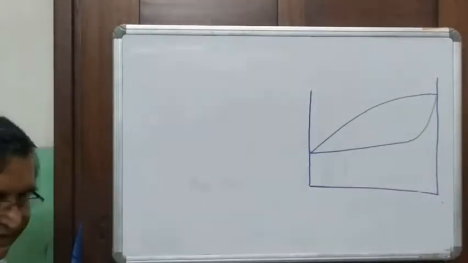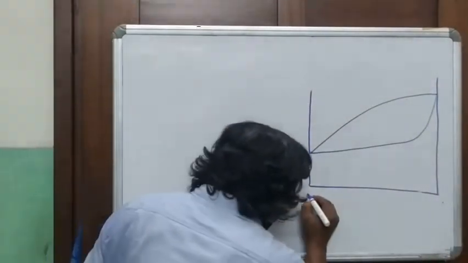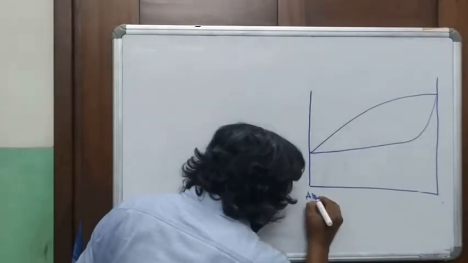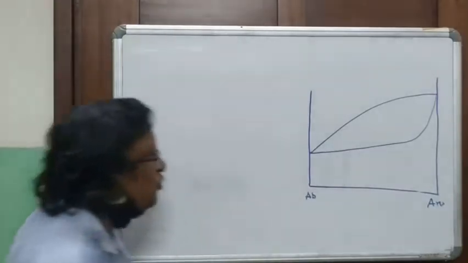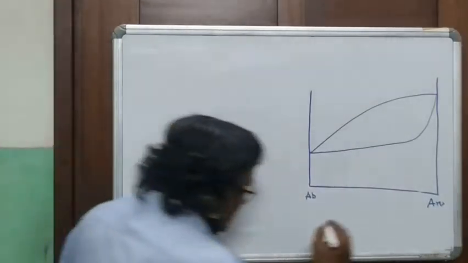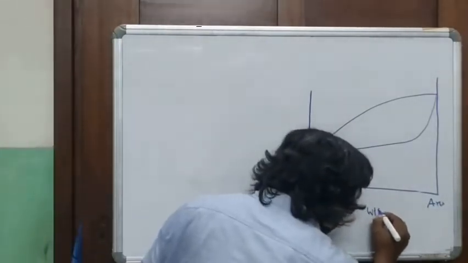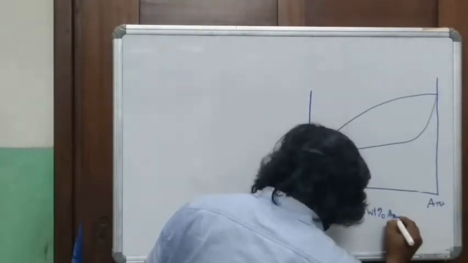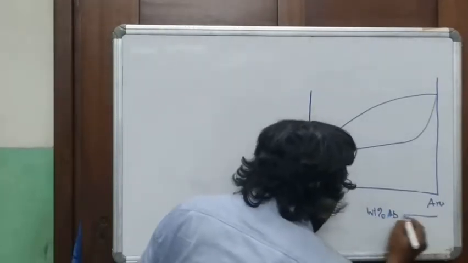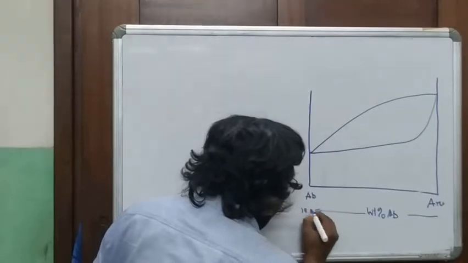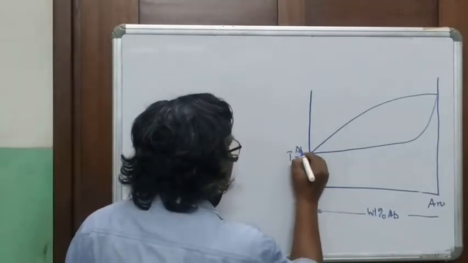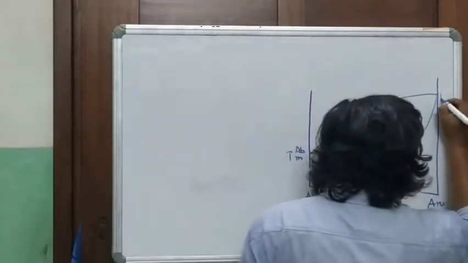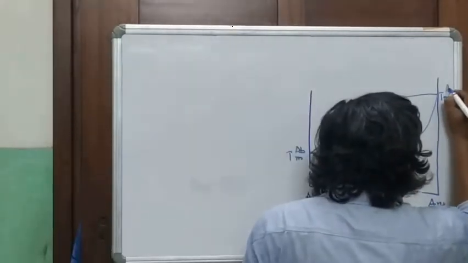Let's say there is a phase diagram like this, and I am writing here the names of two end members. And this is again weight percent albite. Here it's 100. This is the temperature of melting of AB, and this is the temperature of melting of AN.